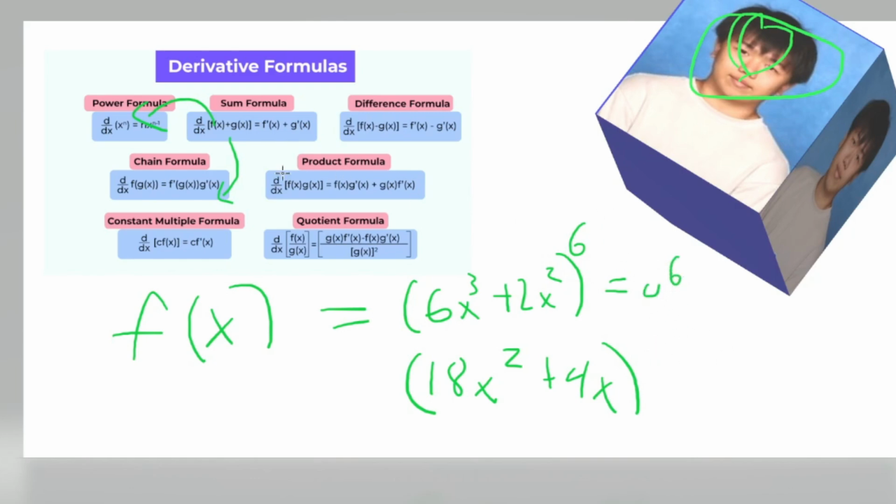And u to the 6, we can use the chain rule, that'd be 6u to the 5th. But we know u is this, so we would plug that in: 6x cubed plus 2x squared, all to the 5th.